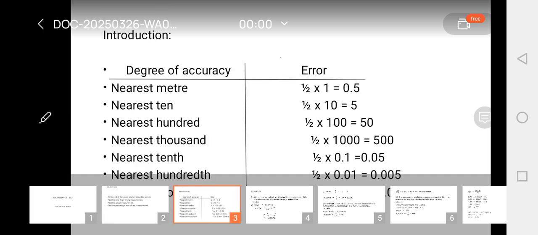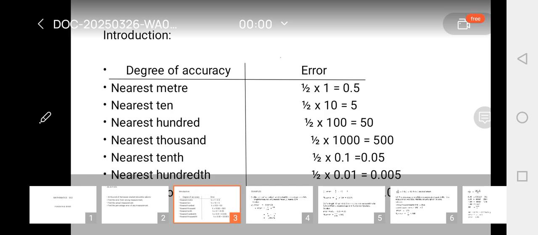Let's look at some stated degree of accuracy and error in measurement. For example, when you measure anything, there is possibility of error, either due to the measuring instrument or the thing you are measuring or the way you measure it.